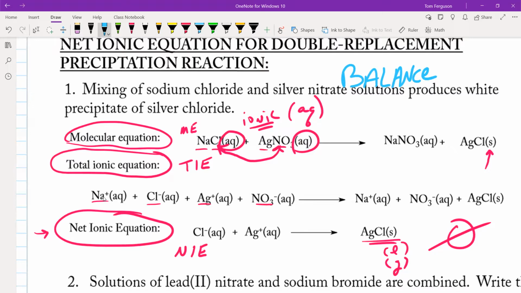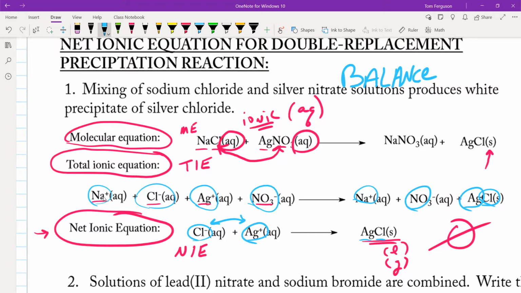Well, we have one sodium, one chloride, one silver, one nitrate. So that's balanced as written. One chloride, one silver. Normally these are reverse, because I always write the cation first, just like over here. And we have one silver and one chloride, so that's balanced as well.